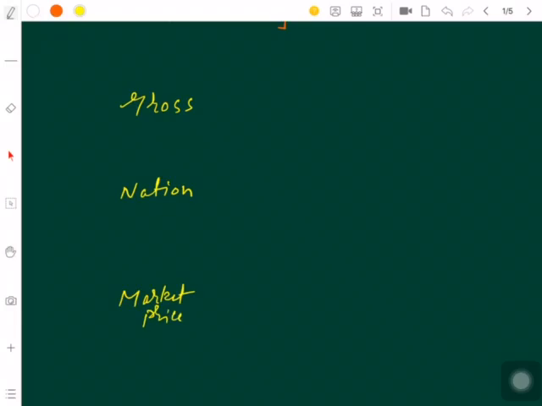Associated with these three words, with gross, we have net. With national, we have domestic. And with market price, we have factor cost.